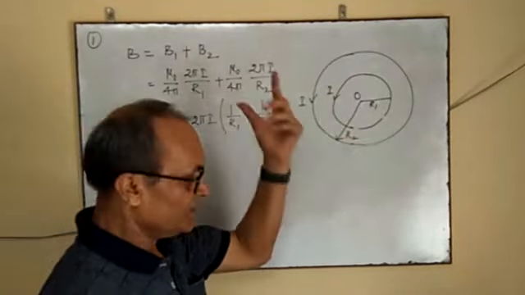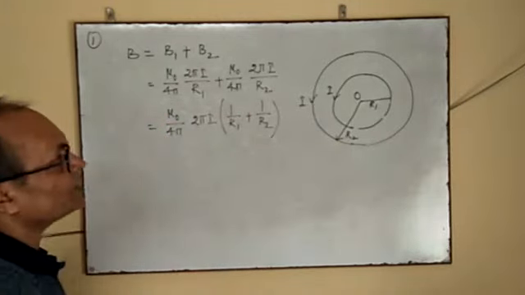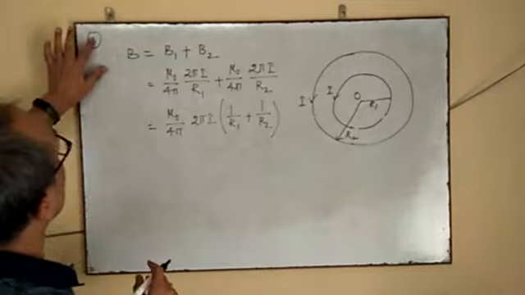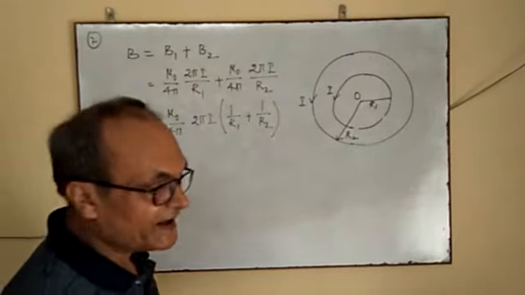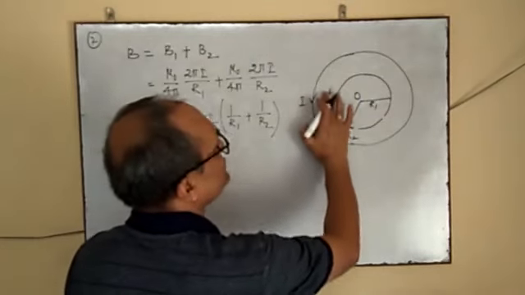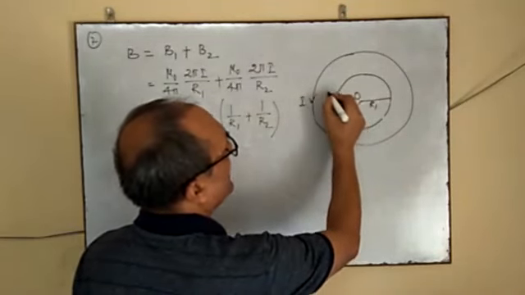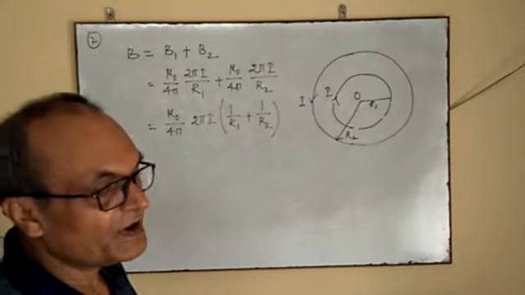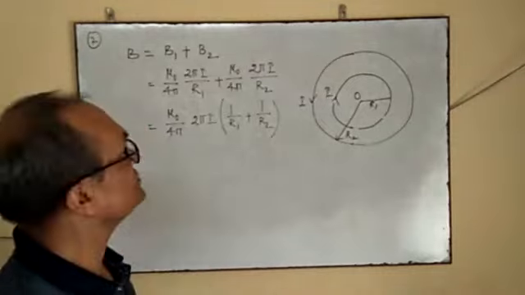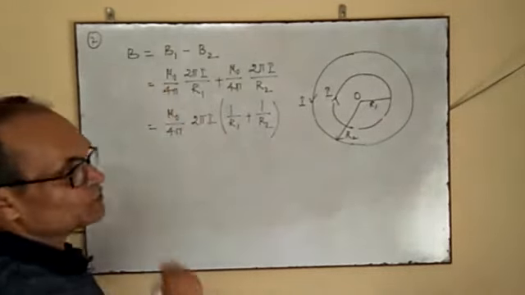having the same current. But in the second one, I just want to discuss here that if the direction of the current is opposite, then the direction of magnetic field will be in opposite direction. So we will see that B1 minus B2.